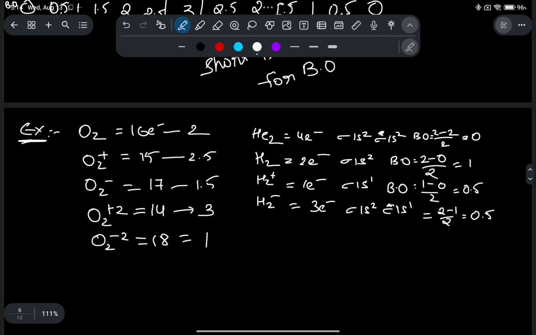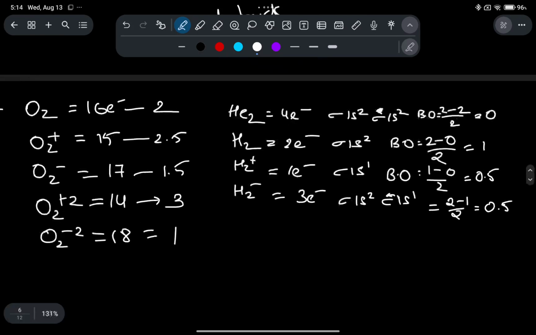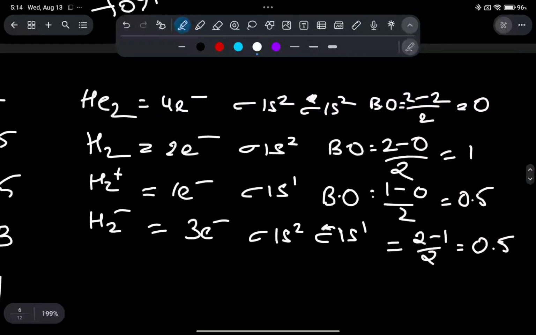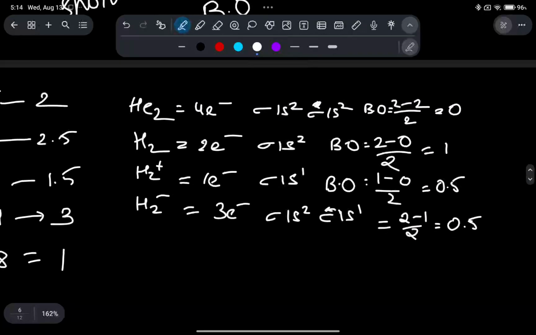So by this way you can get the values of bond order. Here we got the bond order values 0, 1, 0.5, 0.5. By this way you can calculate the bond energy order also.